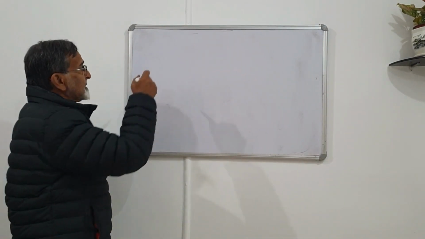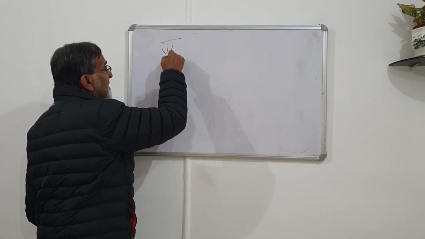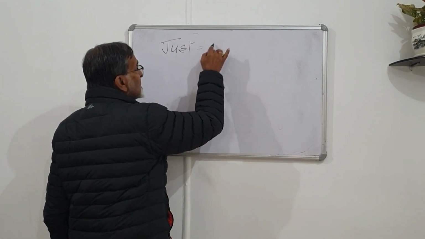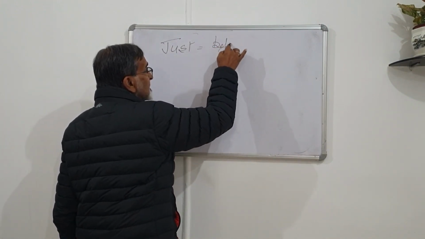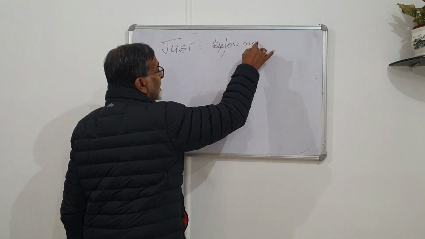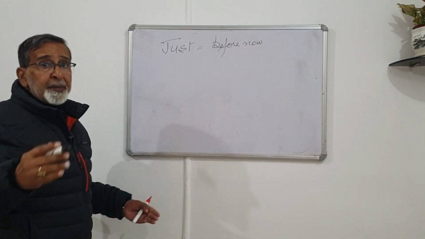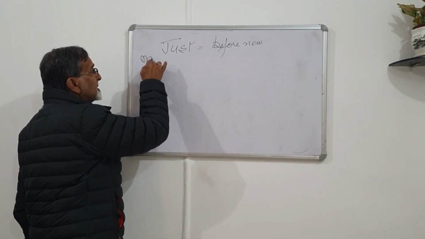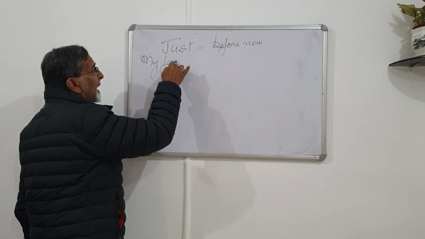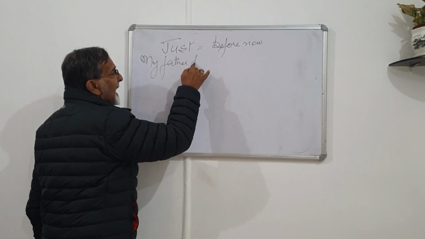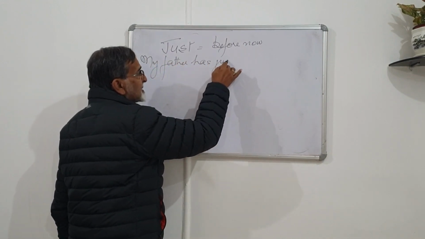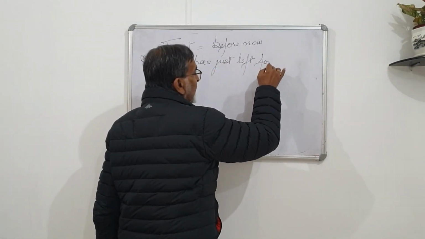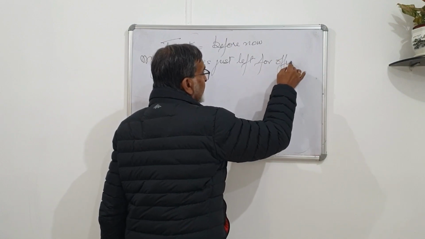First word is just. In this tense, this word means before now. अब से पहले. So example क्या देते हैं? My father has just left for office.